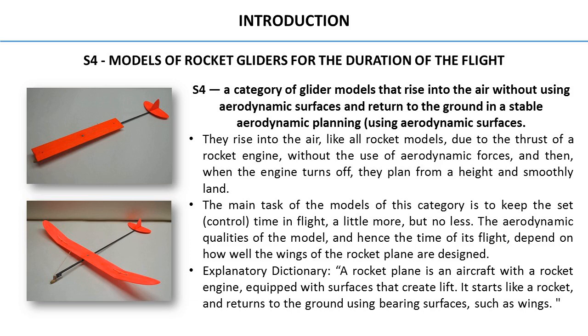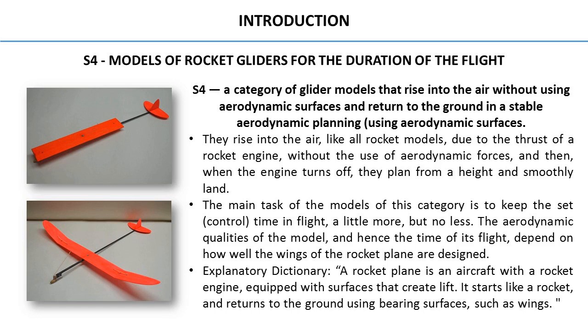They rise into the air, like all missile models, due to the thrust of a rocket engine, without the use of aerodynamic forces, and then, when the engine turns off, they plane from a height and smoothly land.